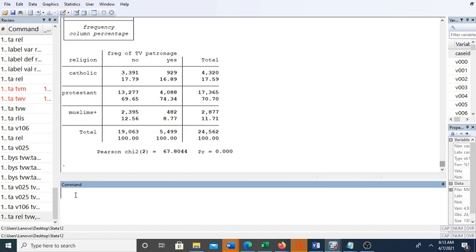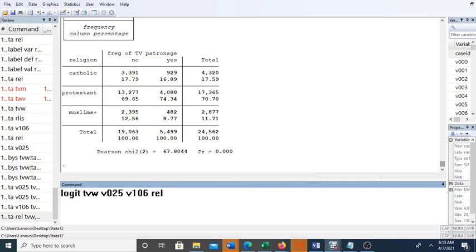Then thereafter, you can now run the model, which is called the logit. So you can say TVW multiplied by, first of all, let me just take V025, V106, and V and the region.